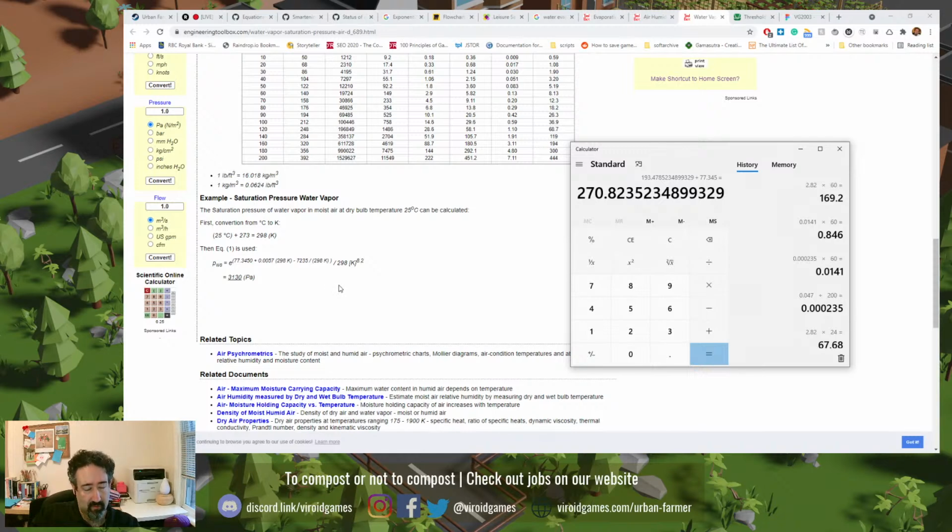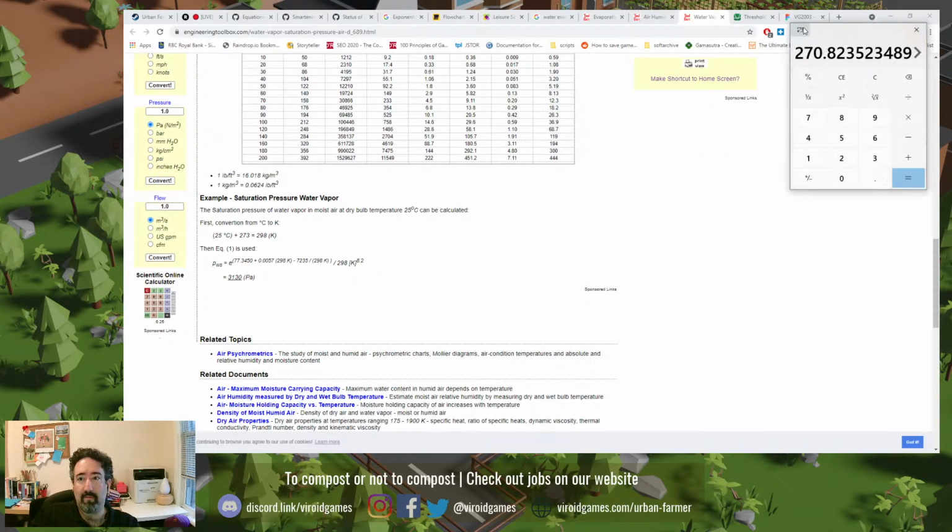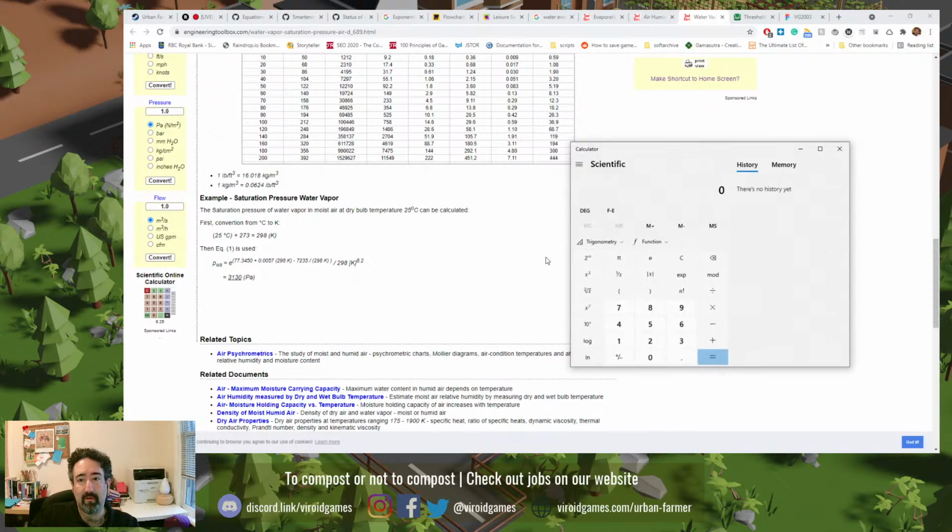It's an enormous number. Okay, I know that. I don't need to do that. This is going to be the same number. That is not going to be possible to calculate basically. Well, it might be. It's really high. So 270 something here. Go scientific. 270 something. Sorry. Filled everything there.